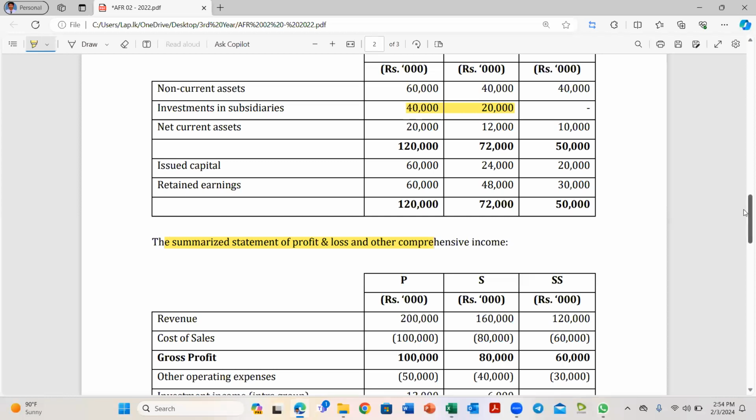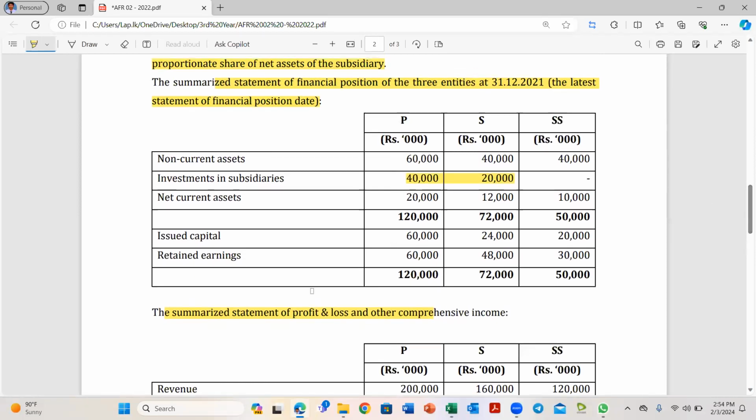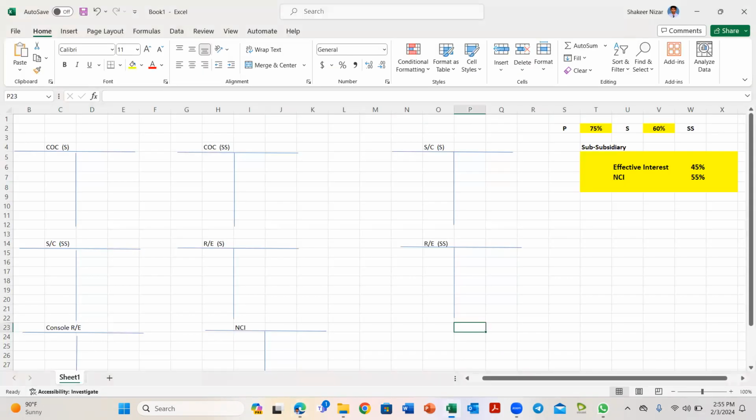So firstly, we want to put the opening balances. The retained earnings: 60,000 for the parent, right?